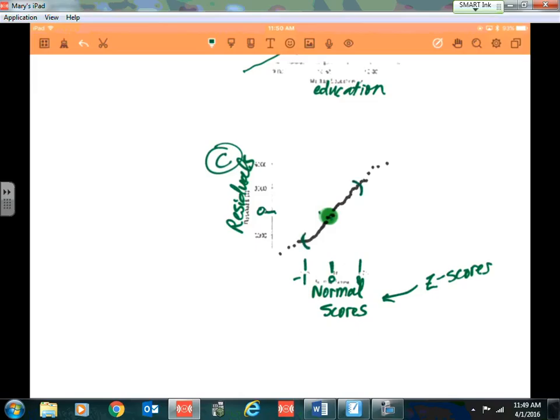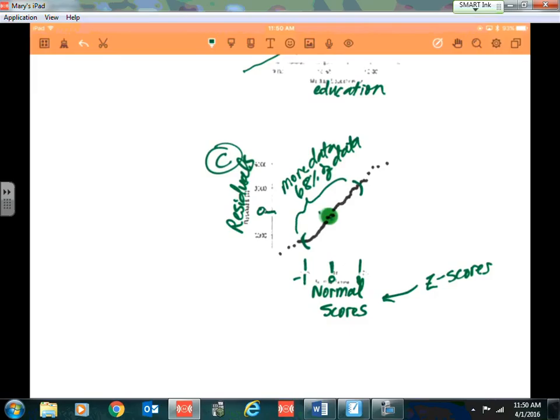Do you see that this amount of data is more densely populated, that there's more data in that section? This has more data because probably 68% of the data is what should be within one standard deviation of the predicted.